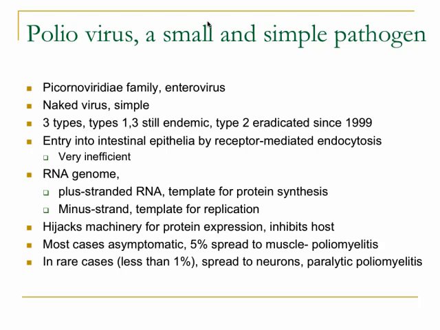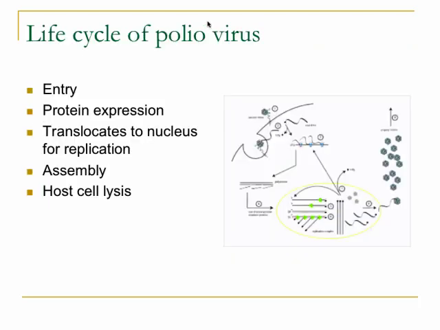Just some details about the virus. It's a very small virus. There are 3 strains of the virus. Type 2 has been eradicated, but type 1 and type 3 are still endemic in parts of the world. And it has an RNA genome, which is a plus-stranded RNA. We talked about how that can serve as a template for protein synthesis and needs to make the minus strand for replication.